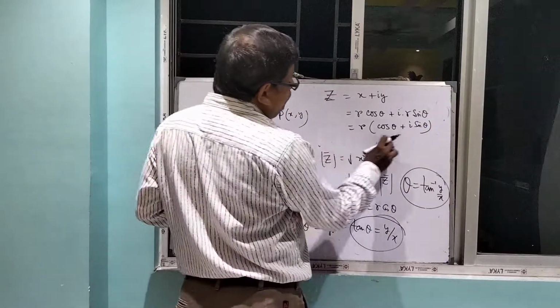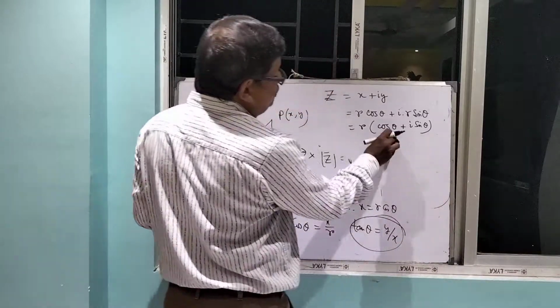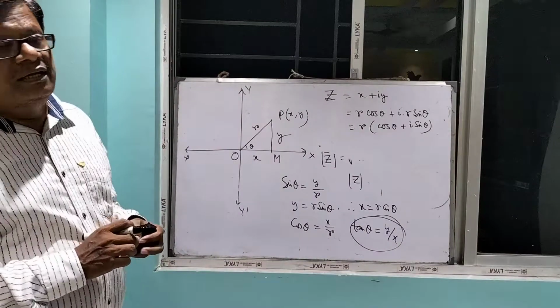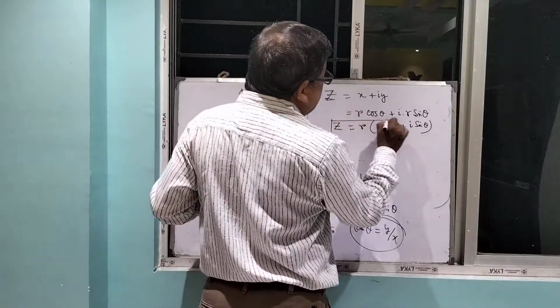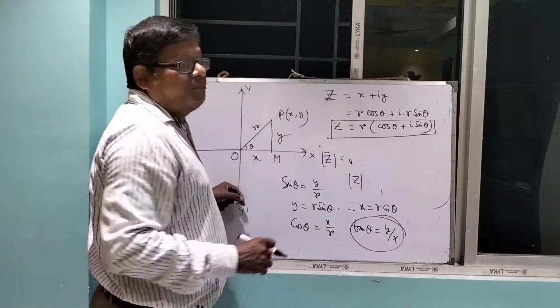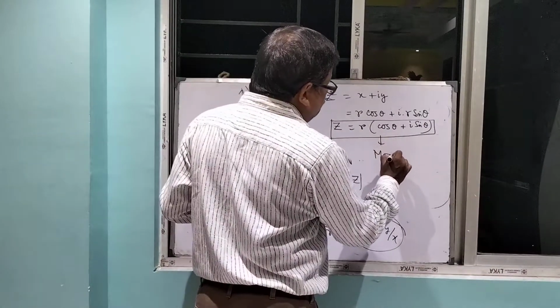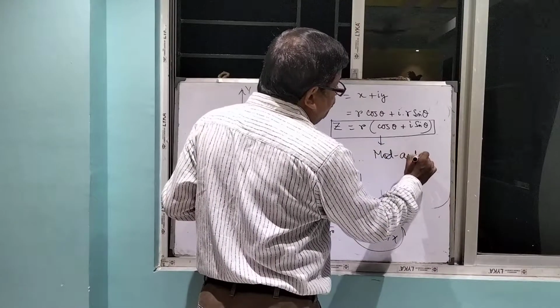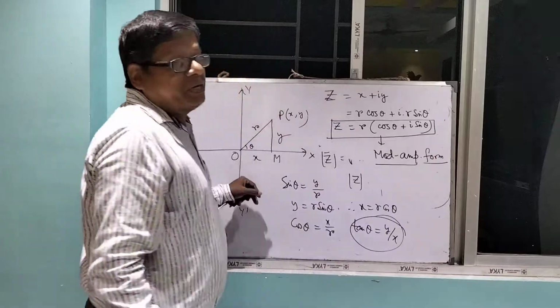Then it is known as z equal to r into cos theta plus i sin theta. So it is known as the modulus amplitude form of a complex number.